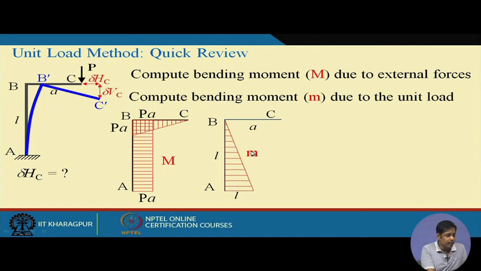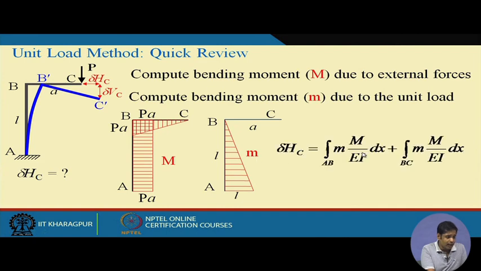So, we have two bending moments, one is capital M, one is small m. Capital M is for the externally applied load, and small m is for the unit load applied in the direction in which we want to determine the deflection or rotation. Now, once we have M and small m, the expression for horizontal displacement, at least for this problem, will be the integral of small m into capital M by EI.